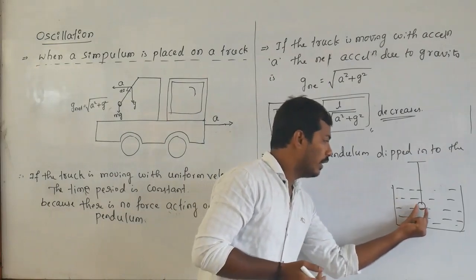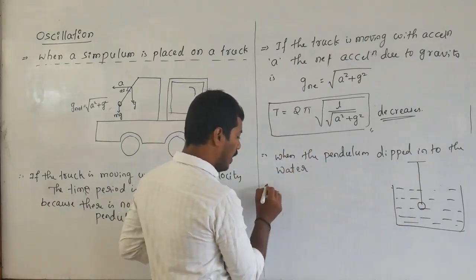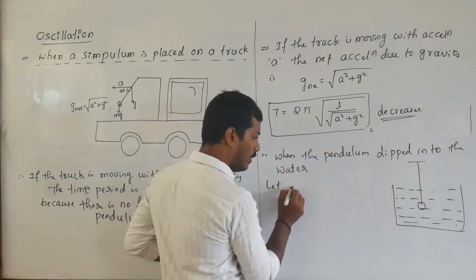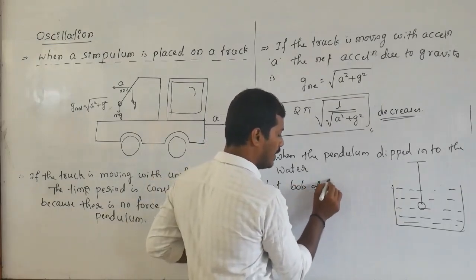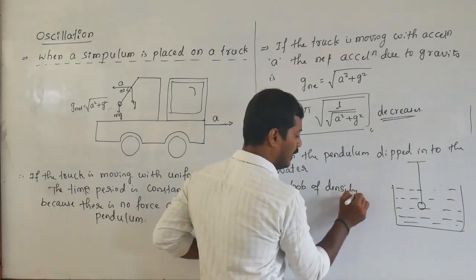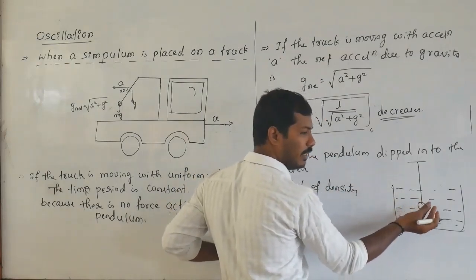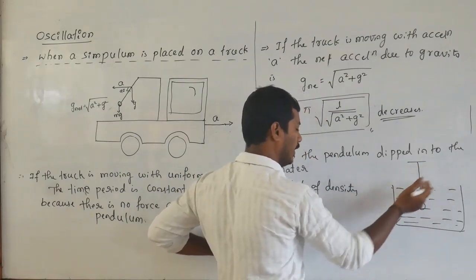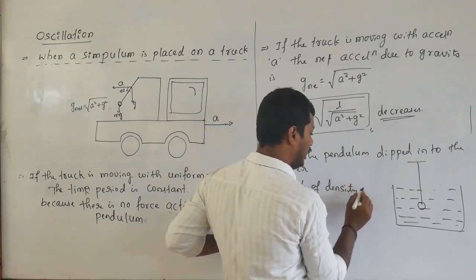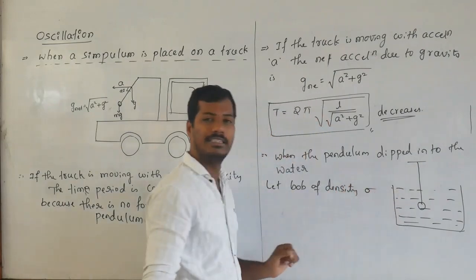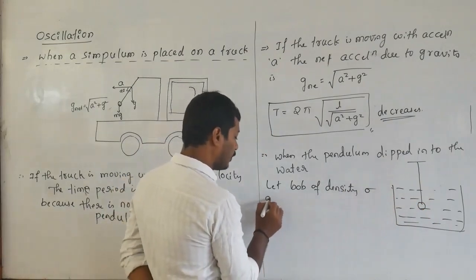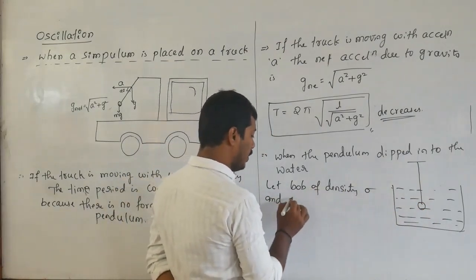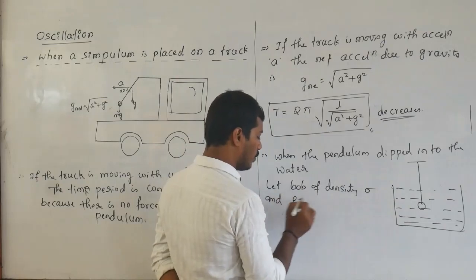Here, let the bob be made up of iron or anything. The density of this bob is sigma. Another one is rho.